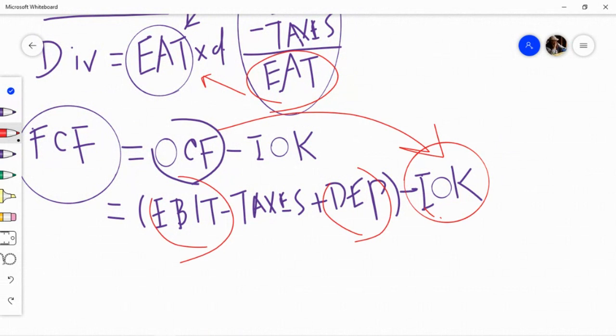So there's no way we can tell whether free cash flow will always end up greater than EAT. It will always be greater than net profit, because at least free cash flow will have to provide something, right? It will have to provide interest to the bondholders.